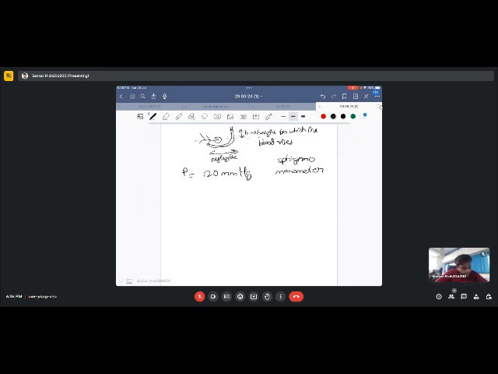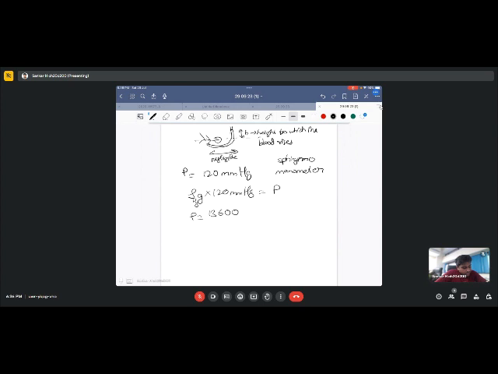Now, what is this in the SI units? So we know that rho times g times 120 millimeter mercury is actually the pressure that's available, and the rho here is the density of mercury.